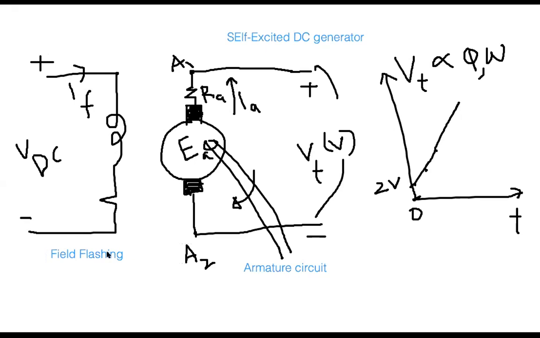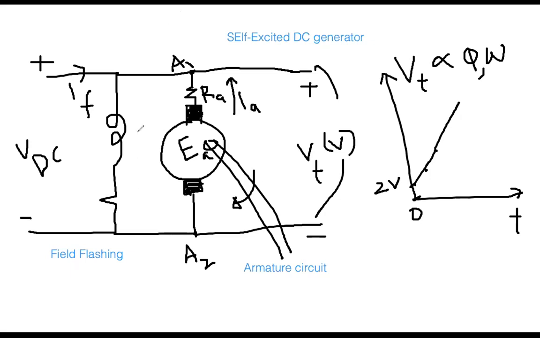Field flushing means that in case of a self-excited generator, initially this was the connection. Everybody remember? Initially this was my connection, and a minute ago this was my connection. But if I notice that no voltage is being developed in a self-excited generator, this means there is a lack of magnetism.